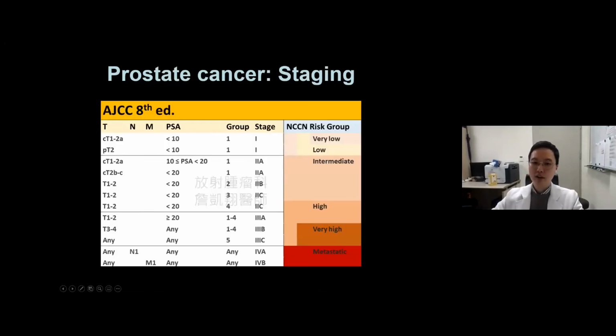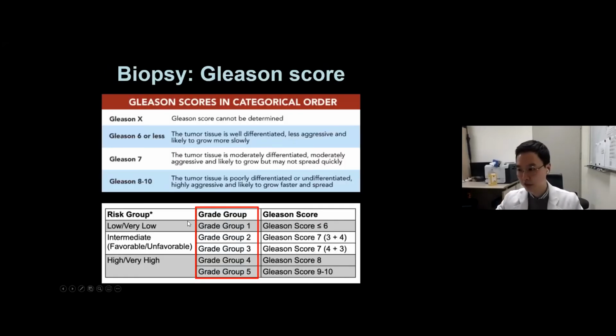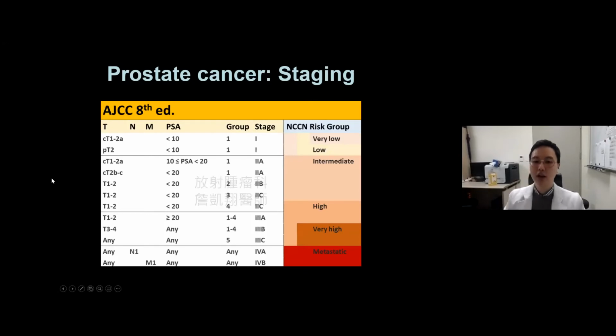Okay, so after you get this result, the prostate cancer staging should be done comprehensively, including not only the T staging, but also the result of PSA and grade groups, which was mentioned earlier. This grade group should also be included.